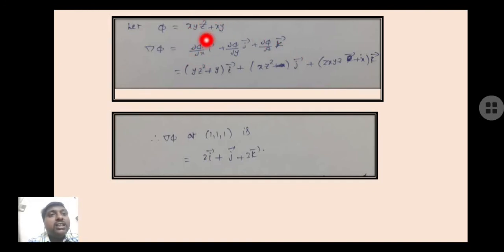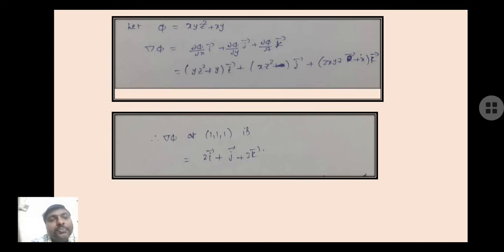By calculating the partial derivatives, I am replacing those values here: (yz square plus y) i bar plus (xz square) j bar plus (2xyz plus x) k bar. So that is the gradient of a scalar point function phi. Now I am calculating del phi at (1, 1, 1), which is 2i bar plus j bar plus 3k bar.